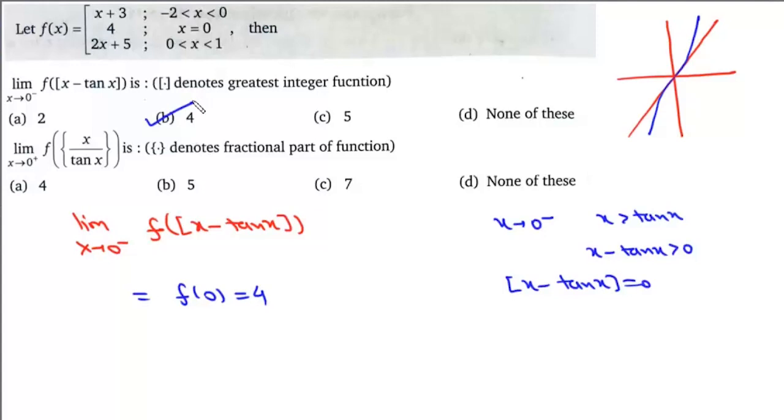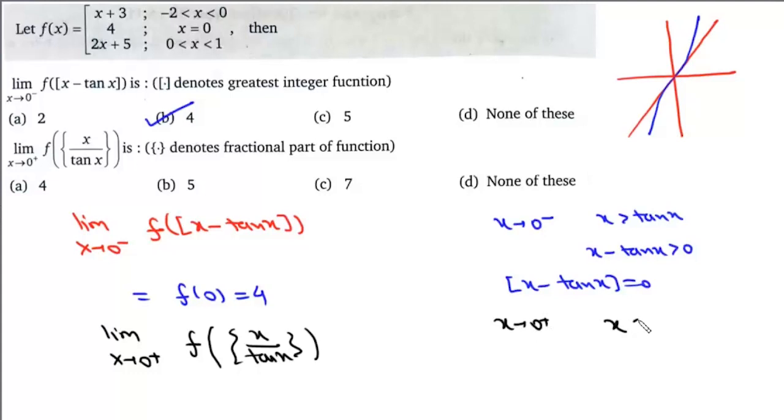Now the next one is limit x tends to 0 positive of f of the fractional part of x upon tan x. Now we know that when x is positive, then x is less than tan x, or x upon tan x is less than 1. Now when h lies between 0 and 1, then the fractional part of h is the same as h.